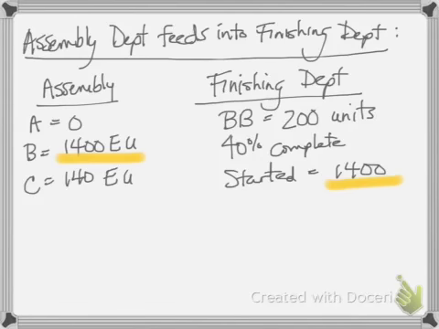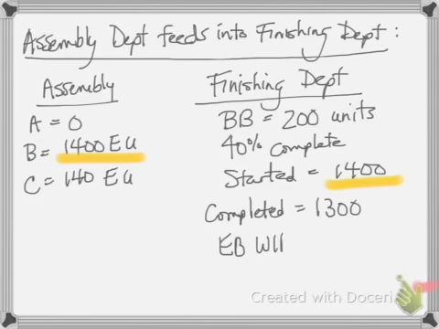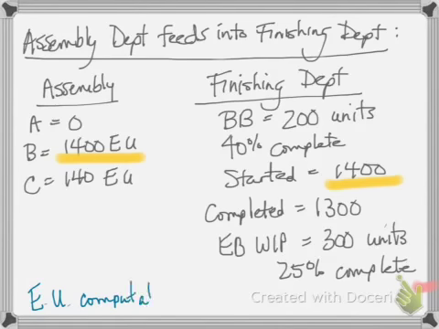Then during the period, we started 1,400 units, and where did they come from? They were the completed units from the assembly department transferring into the finishing department. So we started 1,400. Over the period, we completed 1,300, and at the end, we have ending balance of work in process of 300 units, and they happen to be 25% complete with respect to finishing.